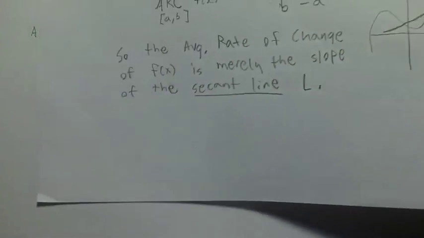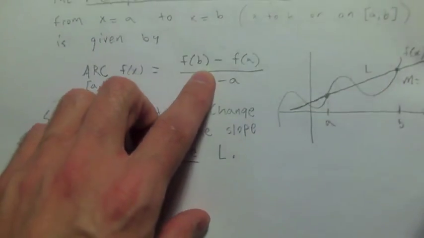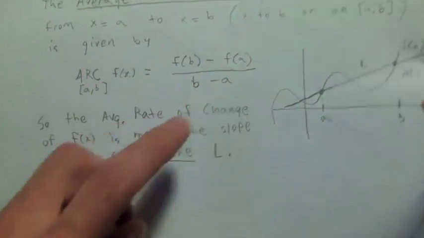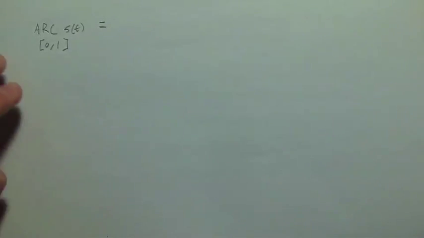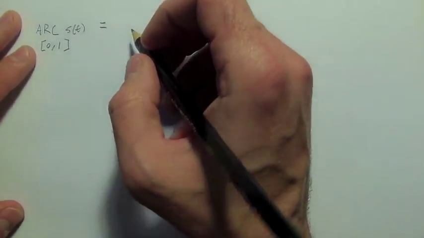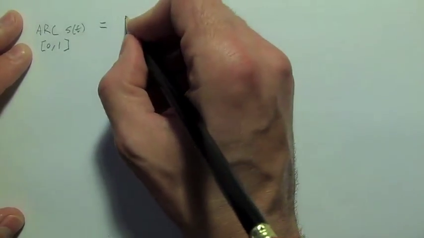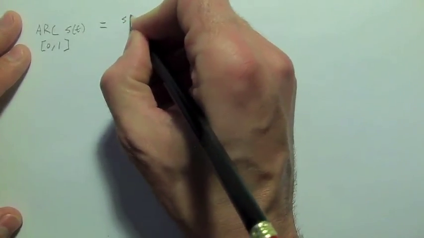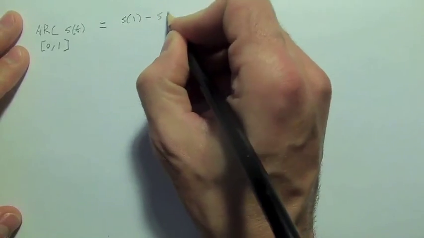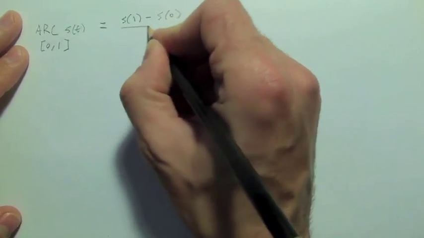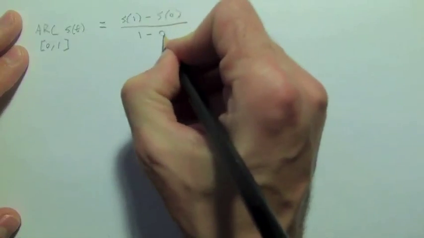Average rate of change is f of b minus f of a all over b minus a. So for the actual average rate of change, we don't have to take the limit here. It's just the average. What you pick as your b and what you pick as your a isn't really that important, provided you stay consistent.